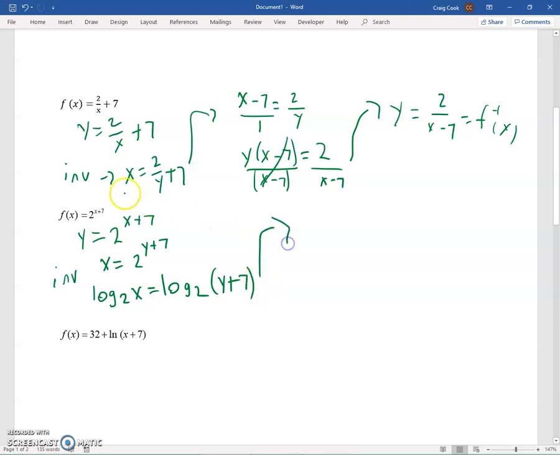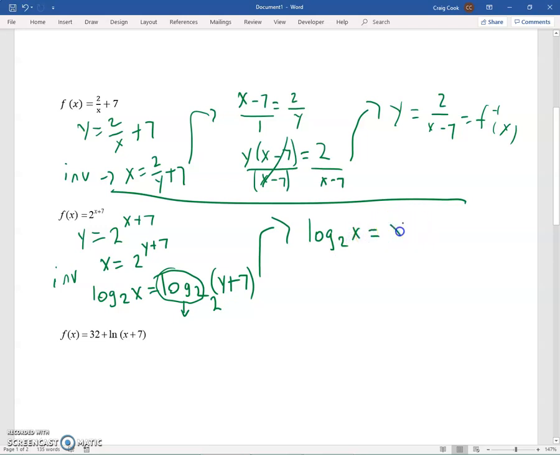Well, if we remember, log base 2 of 2 to the y plus 7 just equals y plus 7.